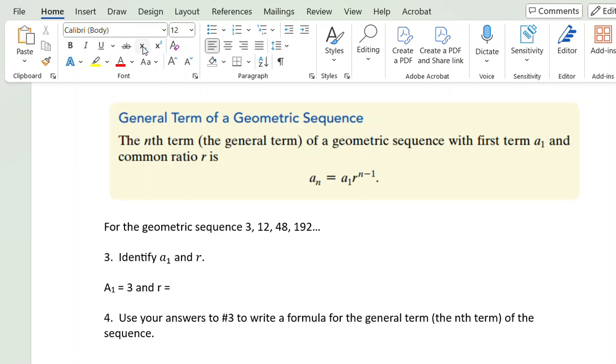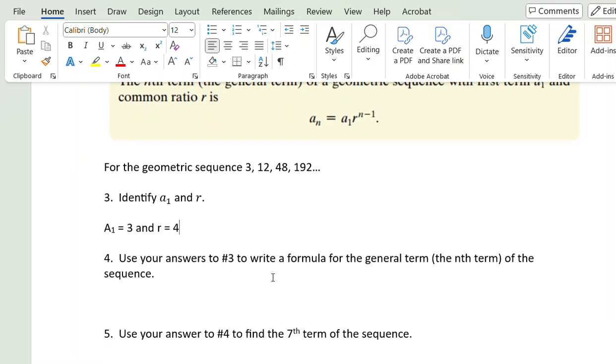R is the number that we are multiplying by each time to get the next term. So 3 times what equals 12? That would be 4. And then we multiply 12 by 4 to get 48. 48 times 4 to get 192. So next, we are going to write a formula for the general term of the sequence.